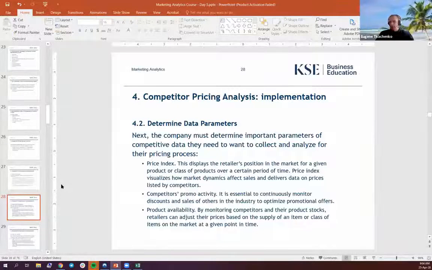Next, you would need to also determine the data parameters. So basically, the data you are most likely to be collecting and analyzing, or data that may not necessarily reflect prices or practices, but will show you some sort of direction. So for example, price index.